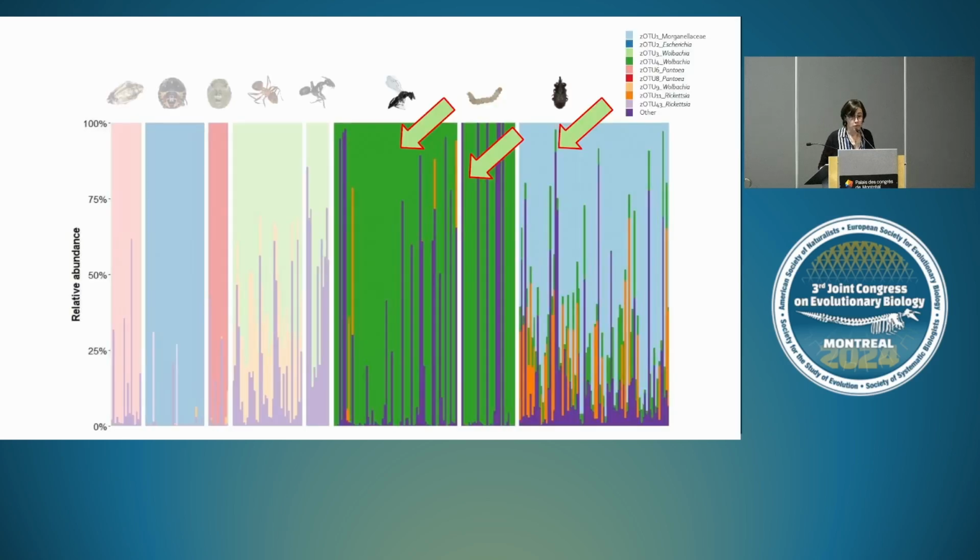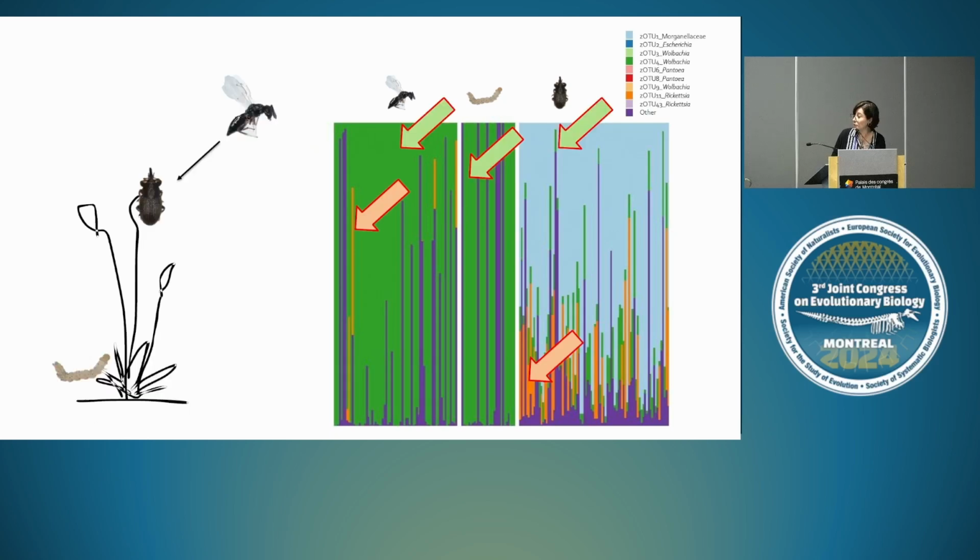Finally, when we look at the composition of those insects, we also see some strains that are repeating in different insects. So in this case, we have Wolbachia here in dark green, and also Rickettsia in orange, and they appear in different insects. And when we look at the ecology of those insects, here I have a brief summary of it. So we have the caterpillar, there is a moth, and it is a leaf roller insect, and it feeds on the leaf.